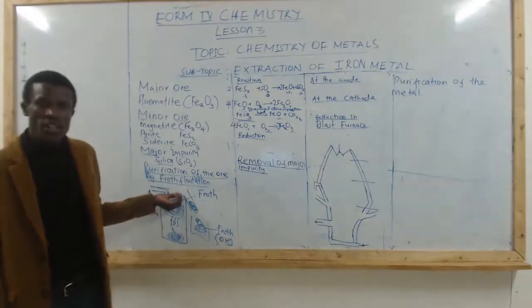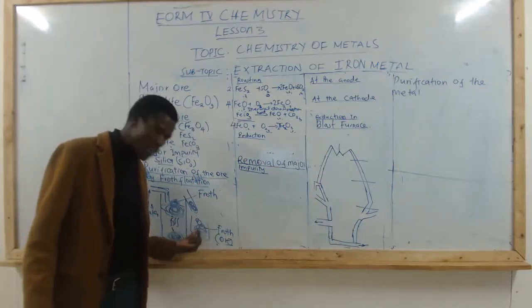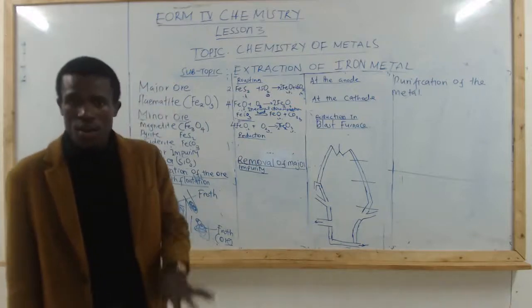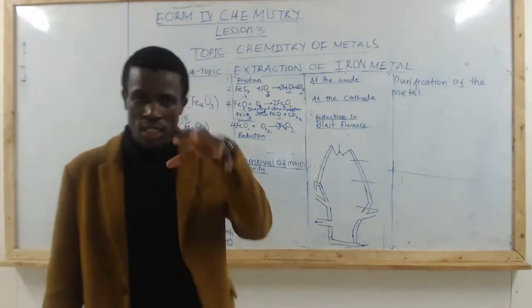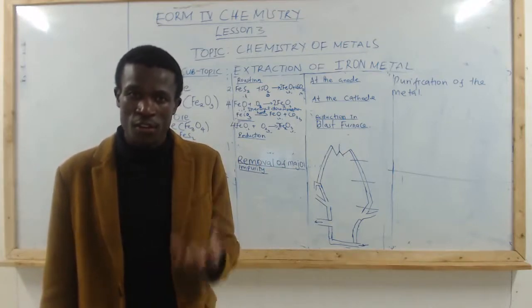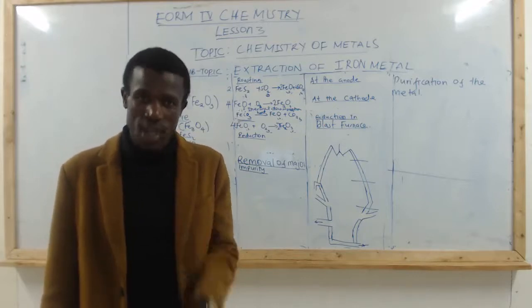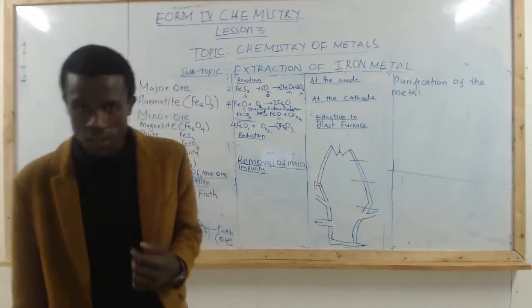The ore that is floating is skimmed off and removed, collected here and dried. The ore is now called froth. Since it is moistened, that process is known as froth flotation.